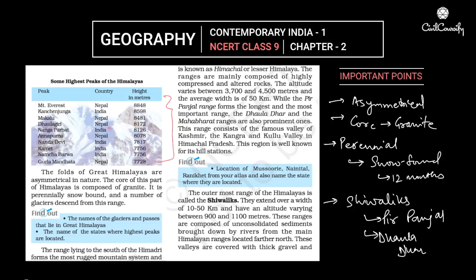But if you can't, you must remember the ones that are in India. Kanchenjunga is the highest mountain peak in India, and the other ones are Nanga Parbat, and the third one is Nanda Devi, and then Kamet, Namcha Barwa. So you must remember at least these five, the top five mountain peaks of India. And if you can remember the top 10, it would be amazing.